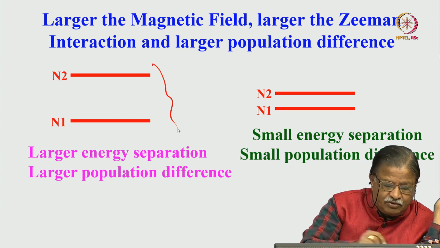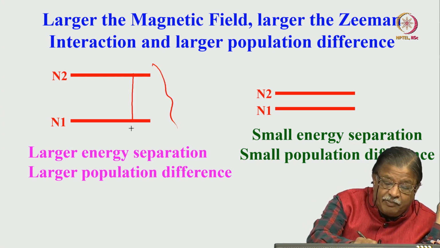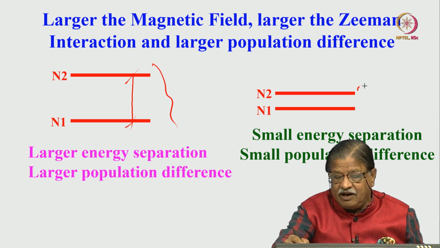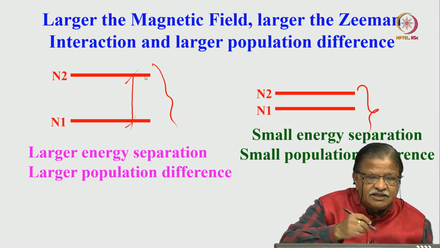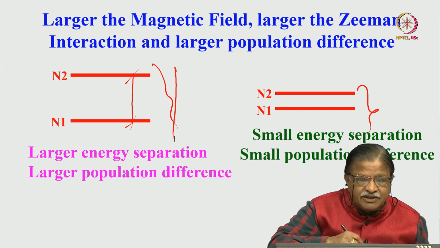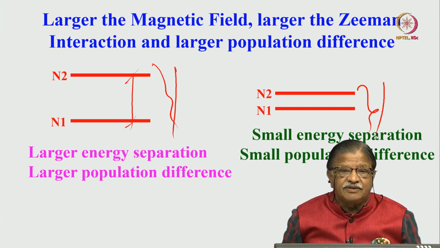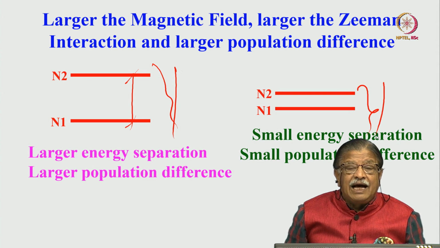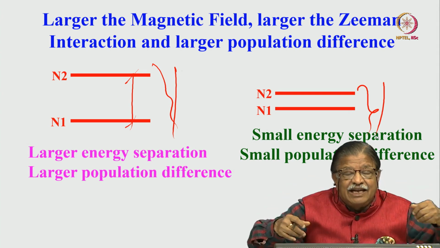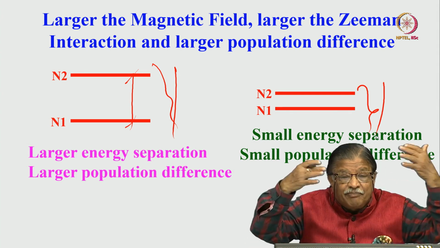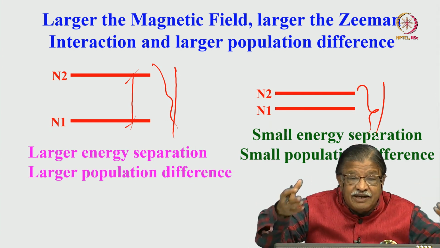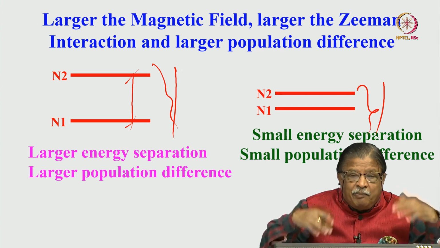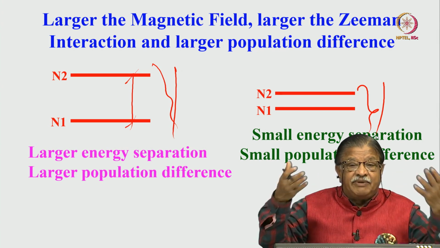There is a large population difference when the energy separation is large, and a small population difference when the energy separation is small. So as the magnetic field increases linearly, the energy separation between the two states increases, the population difference increases, and the sensitivity will increase.